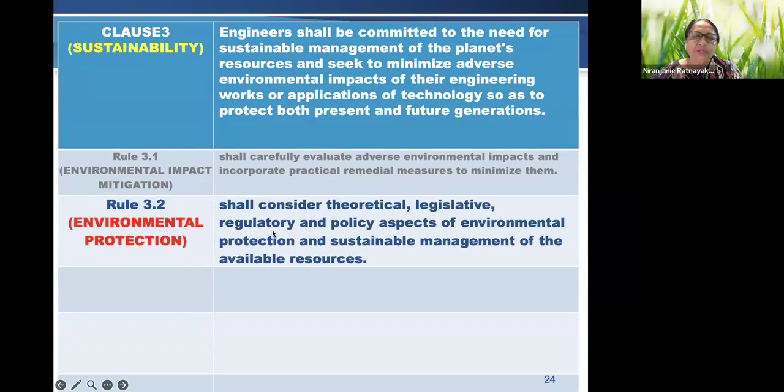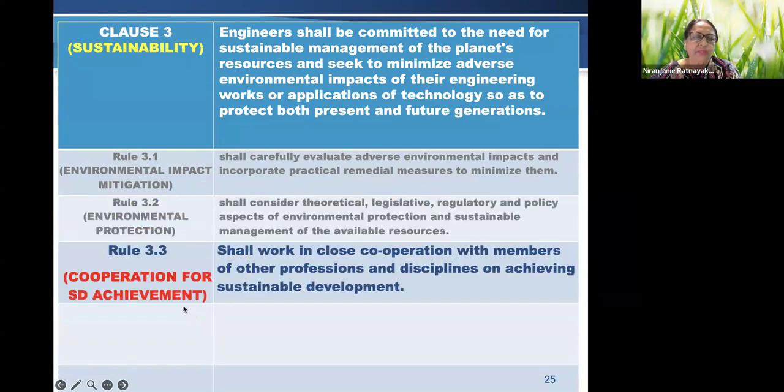Second one is environmental protection. Shall consider theoretical, legislative, regulatory and policy aspects of environmental protection and sustainable management of the available resources. Third one is cooperation for sustainable development achievement.